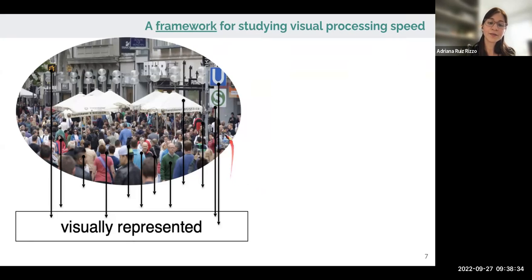We can think of that as, for example, when we see an image like this one, we can imagine that objects are competing for becoming visually represented. This is a sort of competition in which they are all in a parallel race.